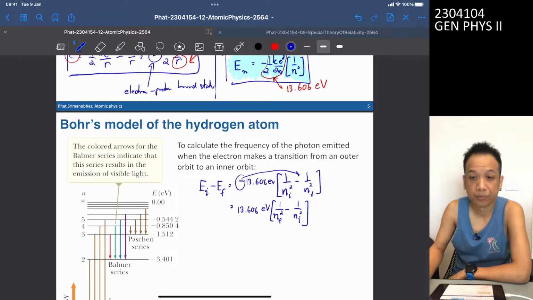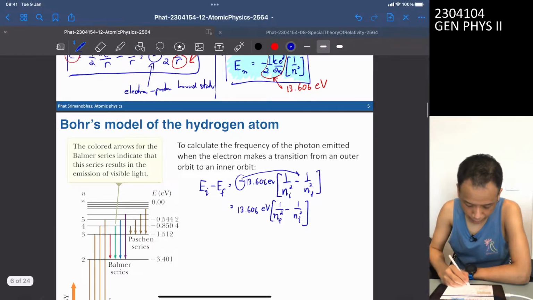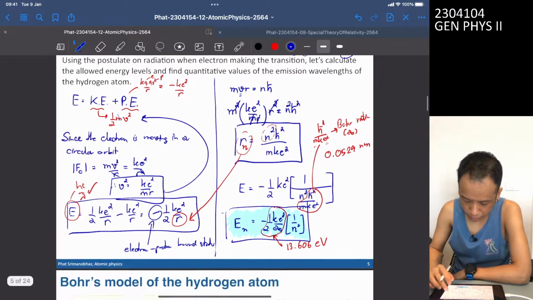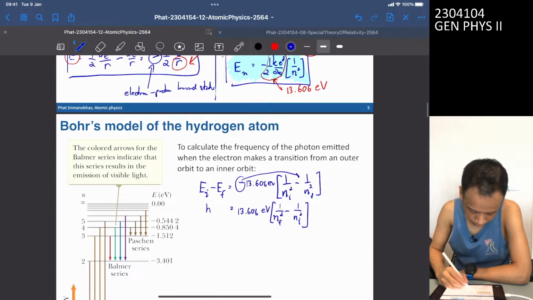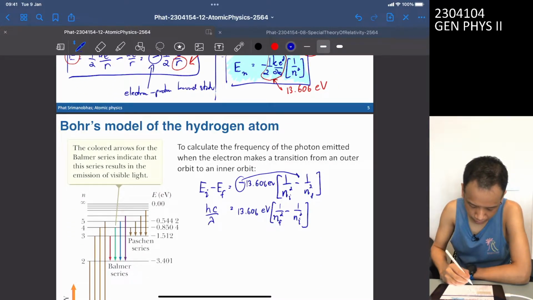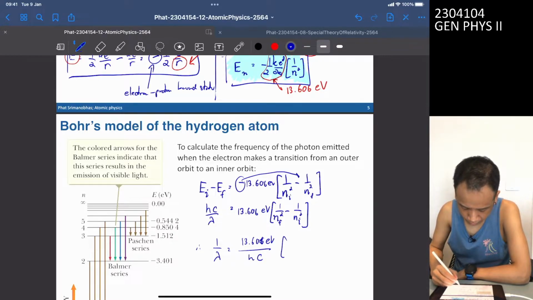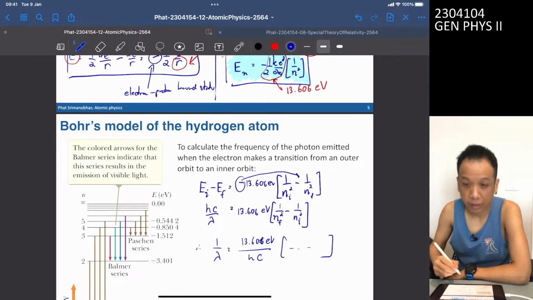And then E is equal to hc over lambda, so 1 over lambda is 13.606 electron volts divided by hc, times this bracket.